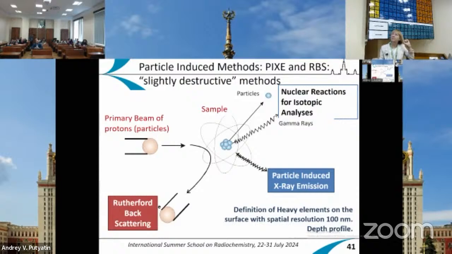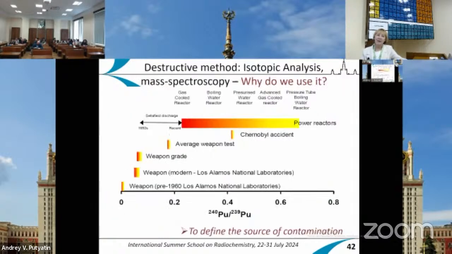And on this base, we can use Rutherford backscattering and nuclear reactions for isotopic analysis, when we see gamma rays or some particles after this excitation by protons or particles. And destructive methods include mass spectroscopy analysis. We use it to define the source of contamination.